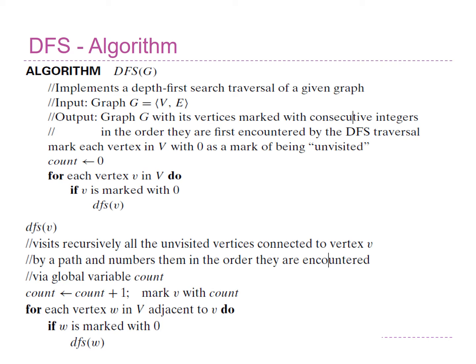The arbitrary vertex that is selected initially is marked with the value 0 using the count variable. The traversal is performed recursively on the adjacent vertices, and the visited vertices are marked consecutively with the count.